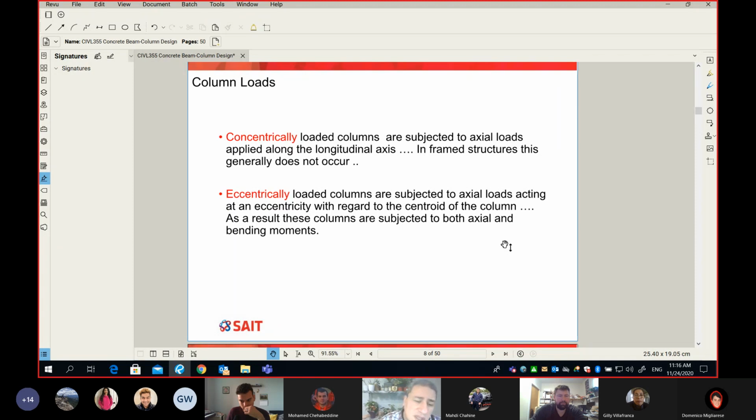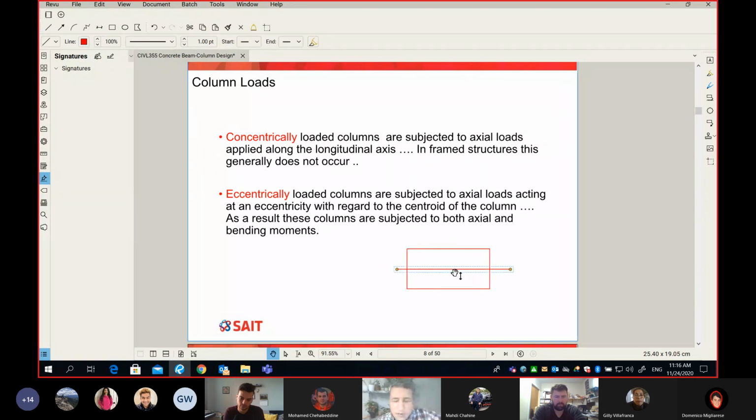Here is a cross section of your column. You guys know by now, you're second year civil, you're professionals, you've done two design courses, and you know there is something called the center of gravity. The center of gravity is simply the center of the geometric shape of the cross section.